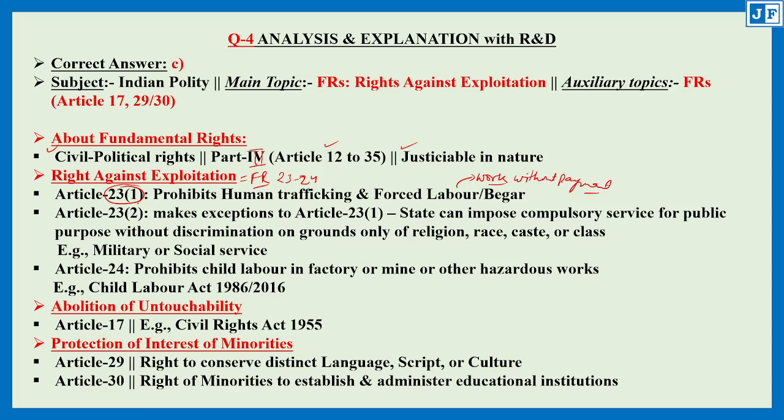Article 23(2) makes some exceptions to Article 23(1). State can impose compulsory service for public purpose without discrimination on grounds only of religion, race, caste or class. For example, state can ask people for military or social service in public interest.